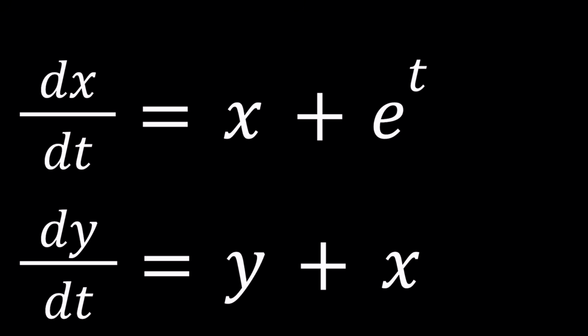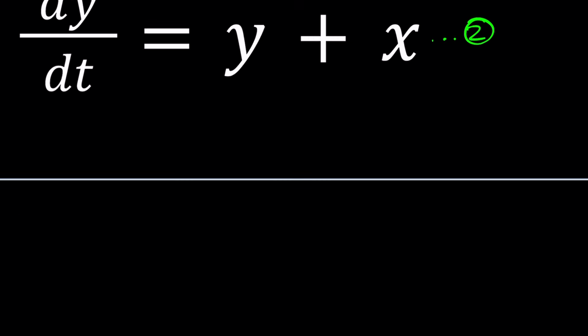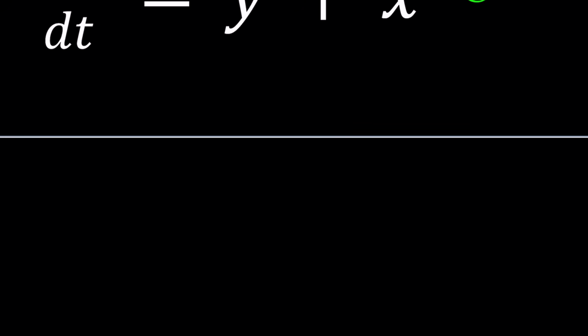As I said earlier, there's no y in the first equation. By the way, when I say first equation, I'm referring to the first one that I wrote here, dx over dt, and the other one is the second one. So for simplicity's sake, I'm going to use a notation here. Instead of dx over dt, I'm going to use x prime.